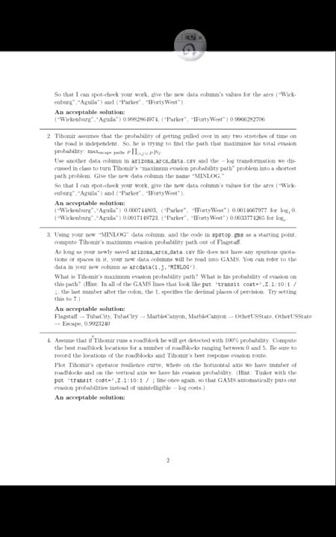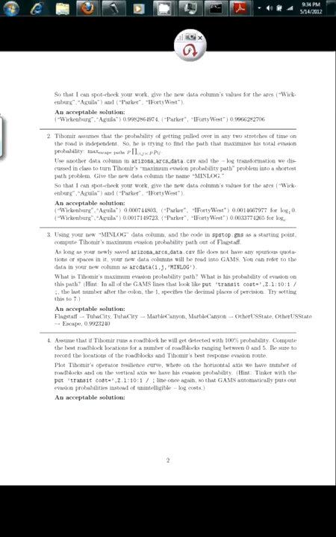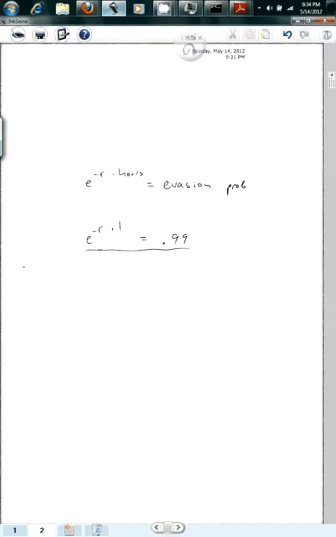To turn it back into an evasion probability, we have to take the negative of it and take the exponent. Just to show you what this means, z is equal to the sum of minus log of these evasion probabilities.